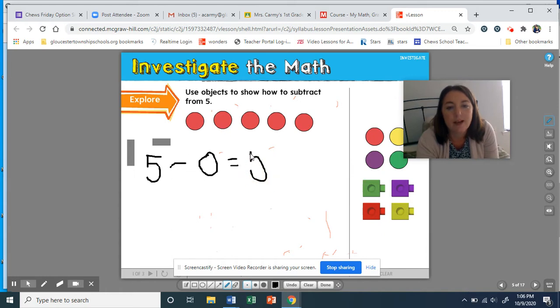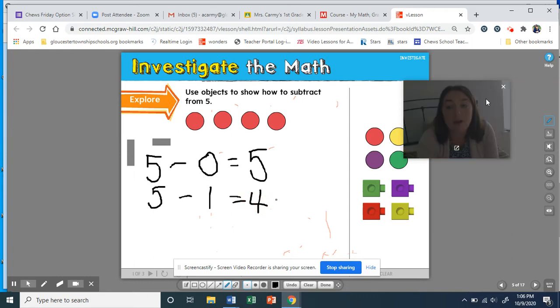Now, if I have 5 red counters, and I'm always starting off with 5, and I take away 1, how many am I left with? 1, 2, 3, 4. So I know that 5 minus 1 is going to equal 4.